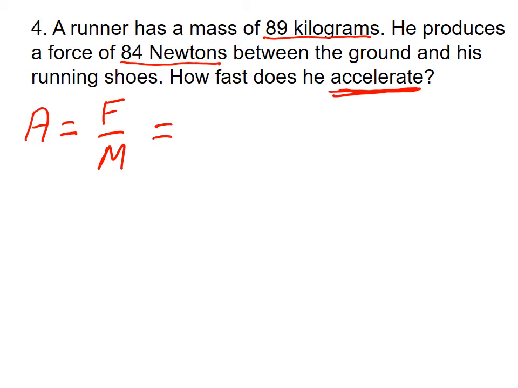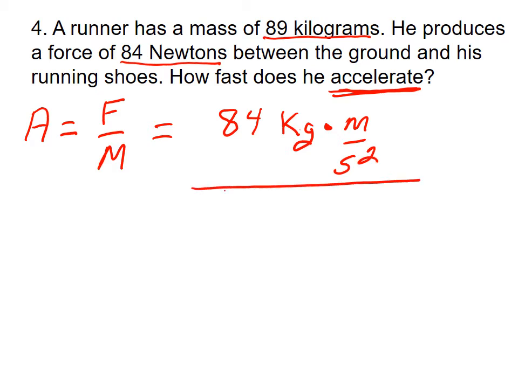So the force is 84 newtons. Now here's where I'm going to do something a little different. Instead of writing in newtons, I'm going to break it down into the subunits. So that's really a kilogram times a meter per second squared. That's the same as saying 84 newtons. Mass then would be 89 kilograms.